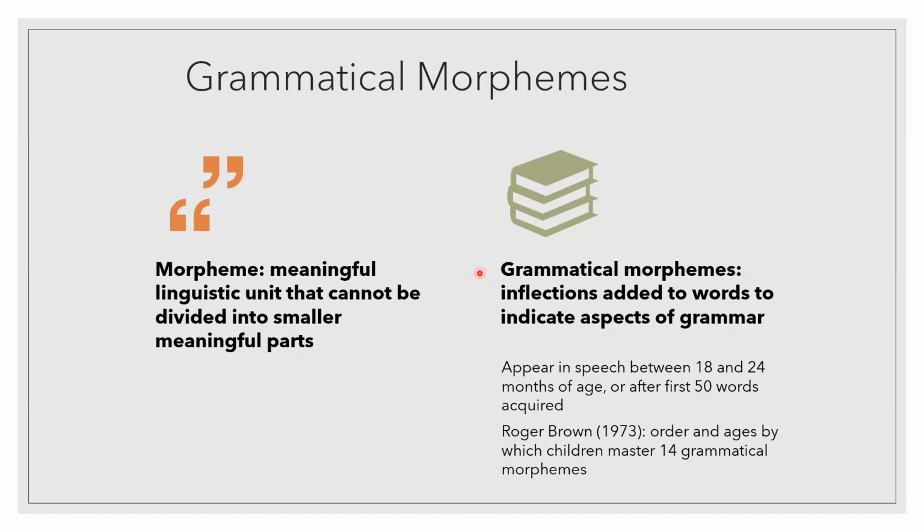We see these start to develop as early as 18 months of age when children first start combining words. So Roger Brown, and we'll get to this two slides from now, way back in the day, came up with an order and age of acquisition for 14 English grammatical morphemes, and we'll look at those in just a second. So when we talk about morphemes, again, it's the smallest meaningful unit in language.